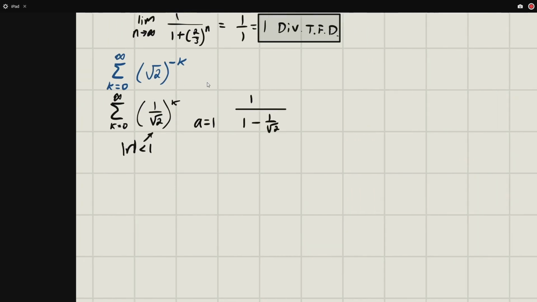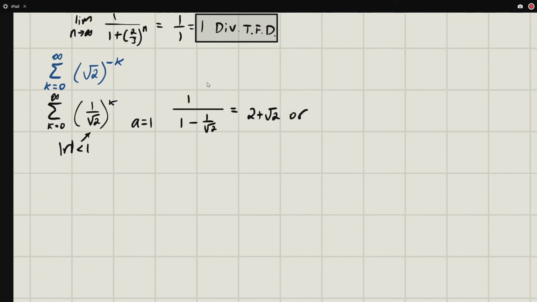Because 1 was a and r is 1 over rad 2. We do 1 over 1 minus 1 over the square root of 2. And we get out 2 plus the square root of 2. Or if you want to write decimals, you can, 3.14-ish. I know. So math official. And that's it. So there you go.